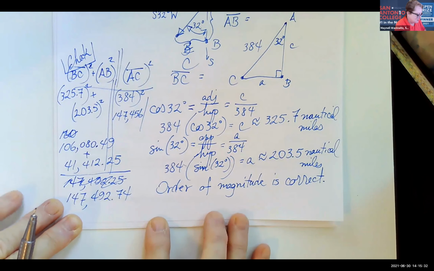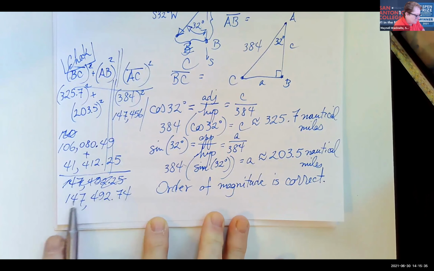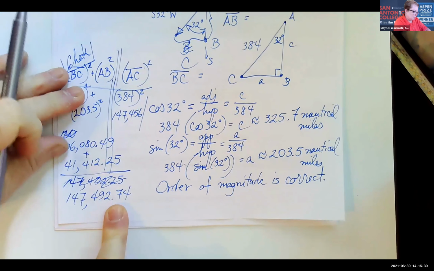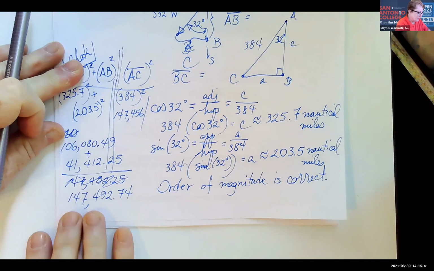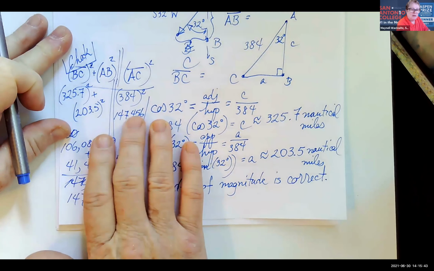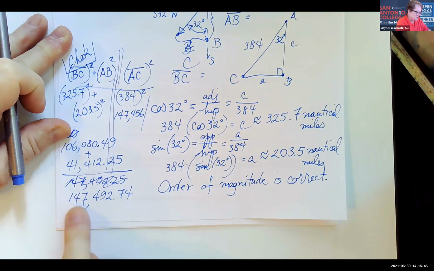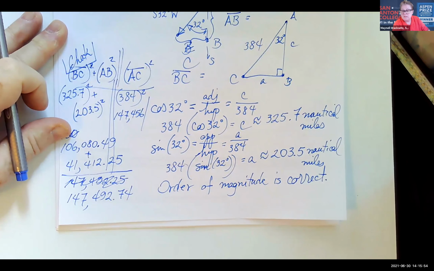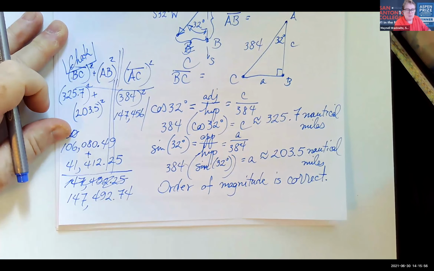What that means is we have the same number of places on the left. We are in the 100,000s on both. And the first numbers on the left are the same. In fact, the first 4 numbers on the left are the same. The highest ones. So we're happy.